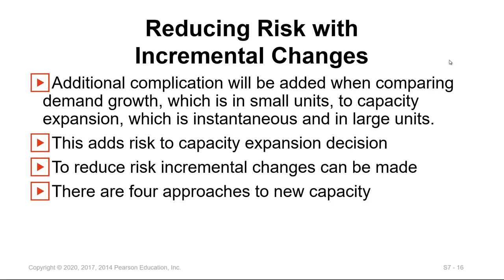An additional complication will be added when comparing demand growth, which is in small units. Usually, if you have a demand, it will be for something like 20 items or 100 items more, while if you want to expand your factory, you are adding a whole line that might add thousands instantaneously.